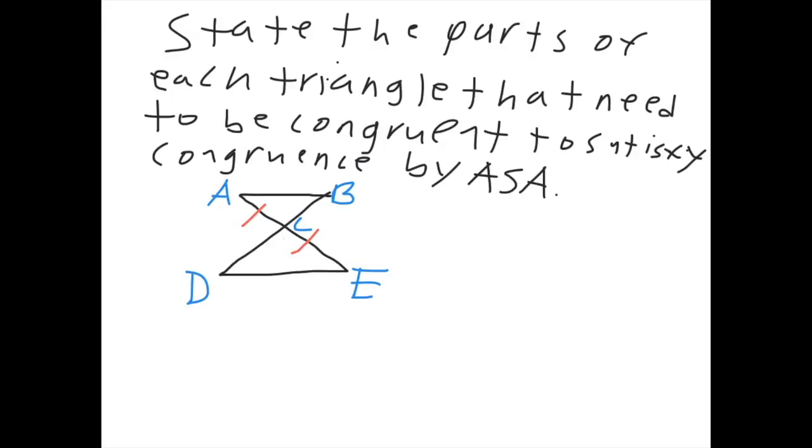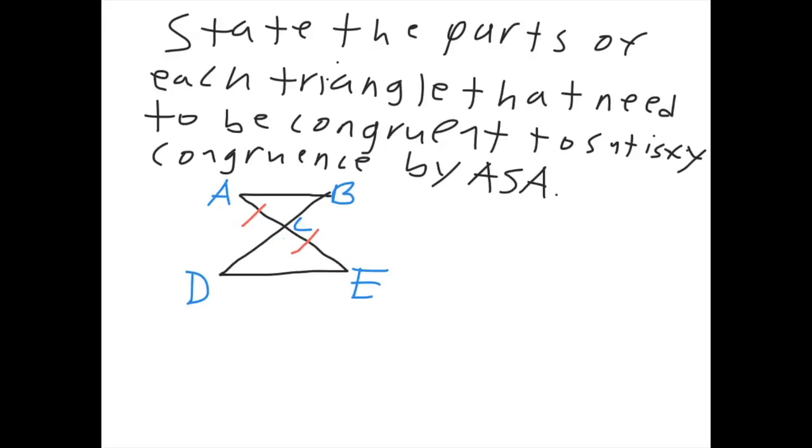So let's start out by looking at what parts are congruent to each other. We know that AC is congruent to CE. Okay? We also know, because these angles, angle DCE is congruent to angle ACB, those two angles are made by DB and AE intersecting, so that means these two angles are congruent.